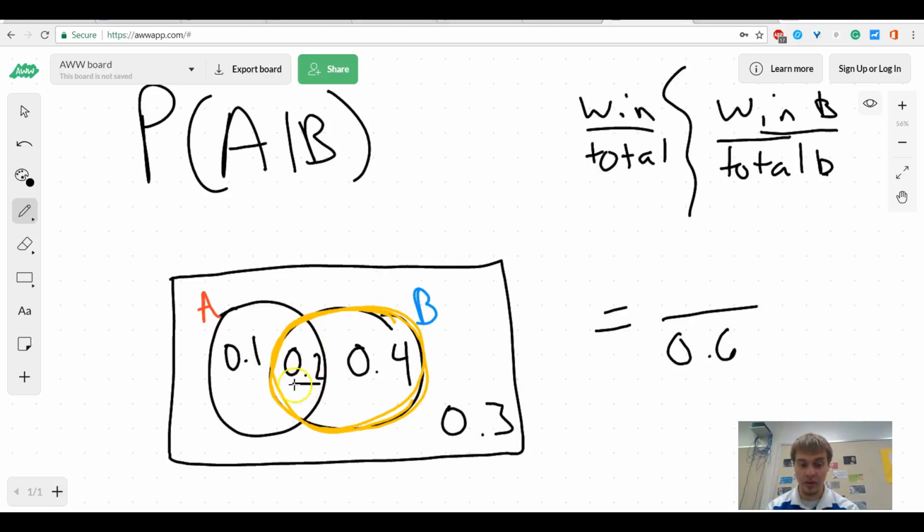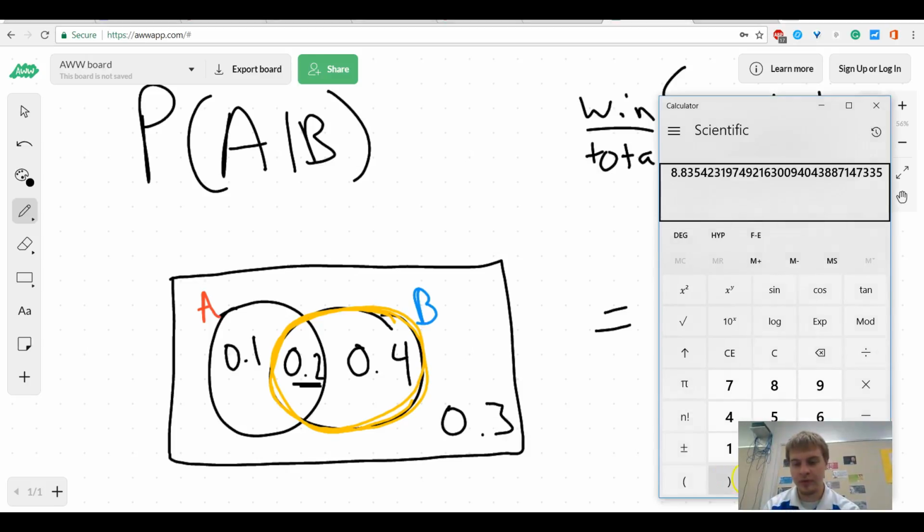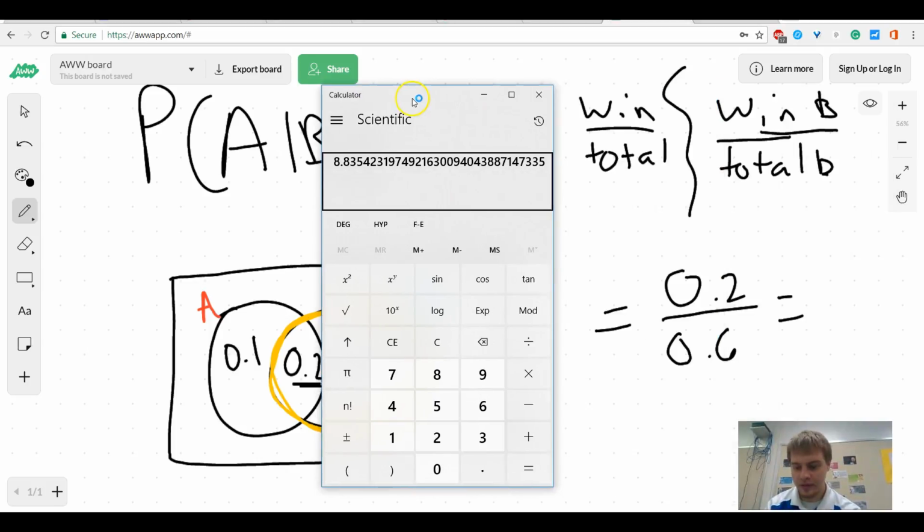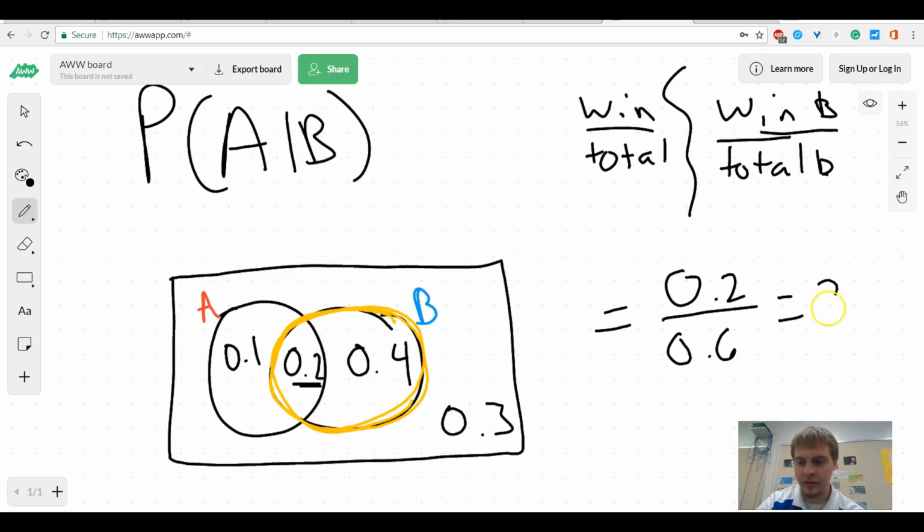I'm only going to include this portion of A because this is still A, but it's in B. So that would be 0.2. And then we're going to divide that and figure out what probability that would be. So when we divide that out, we're going to get 0.2 divided by 0.6, and that's 33%.